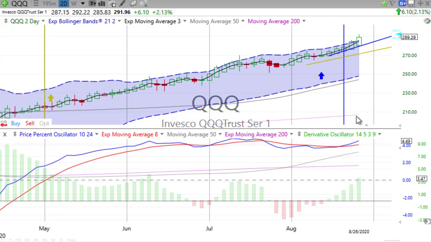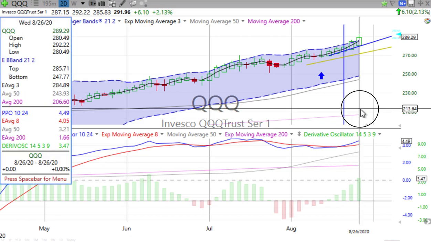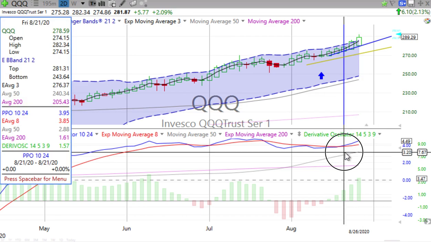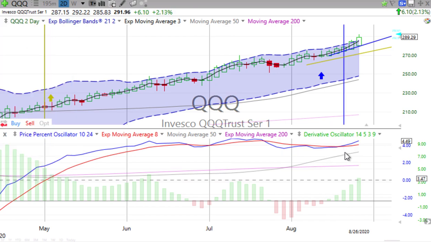How high have we gone so far as of this latest 2-day candle? 292.22 from 278.59. Not too bad. Not too shabby in 3 days. Not bad at all. And again, the beauty of the weekly vertical crossover coupled with the 2-day recross.